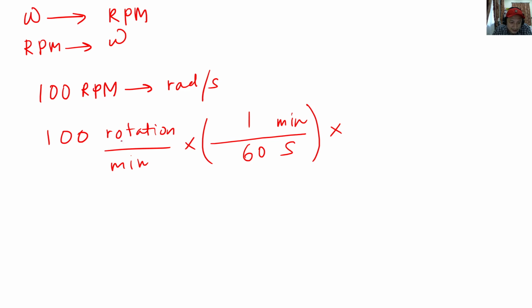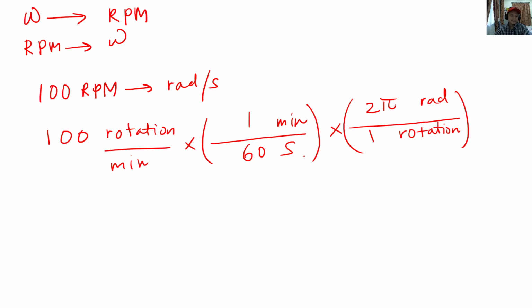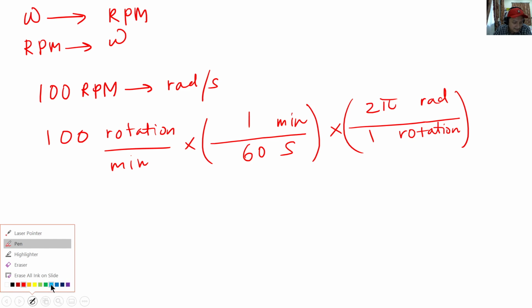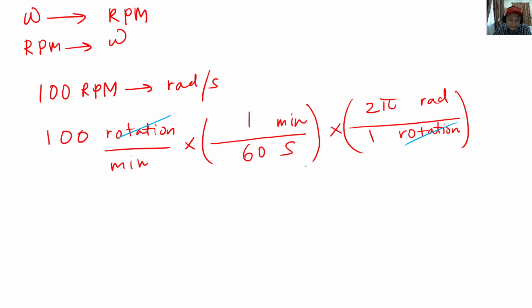Next, you need to change rotation. Rotation is at the top, so you gotta put rotation at the bottom. 1 rotation is equal to 2 pi radian. Let's see, can we cancel this off? Rotation can be cancelled off, done.